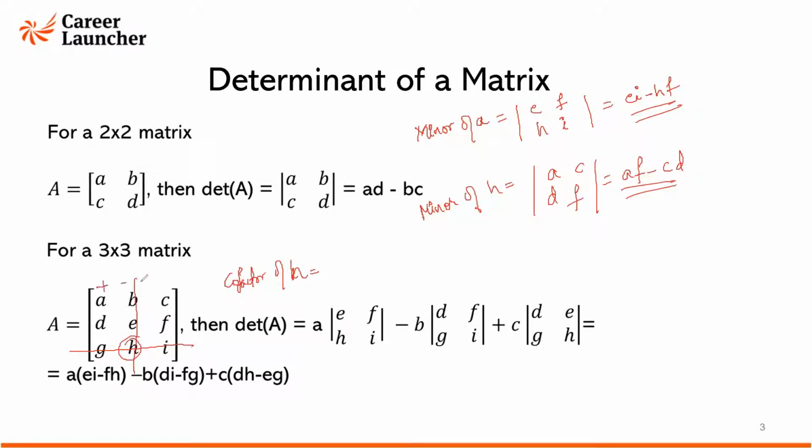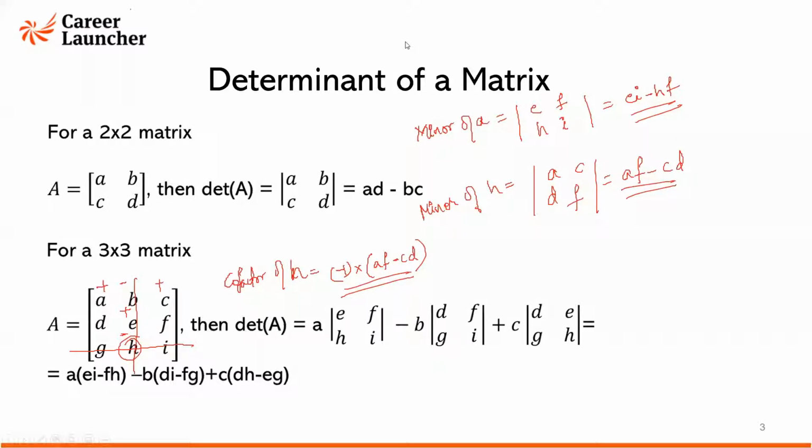The signs are plus, minus, plus alternately, so it is minus 1 into the minor of H. Now what is the minor of H? We just saw AF minus CD. This is called the cofactor of H. Okay, so this is how we find cofactors.